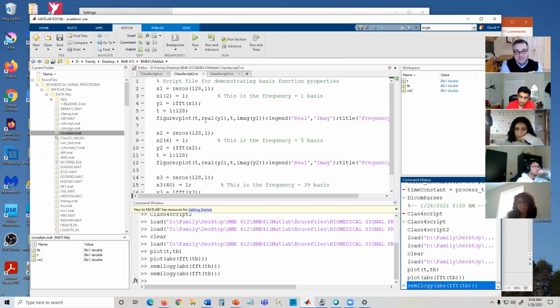And if we want to relate those frequencies we see to those, we really need to be able to interpret them in terms of hours rather than just indices on the MATLAB array. Okay. Any questions?